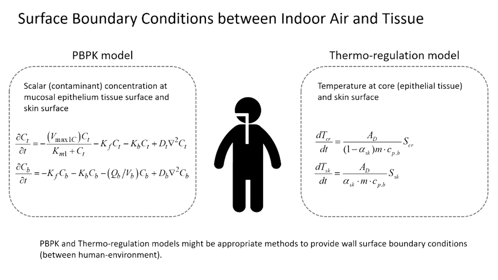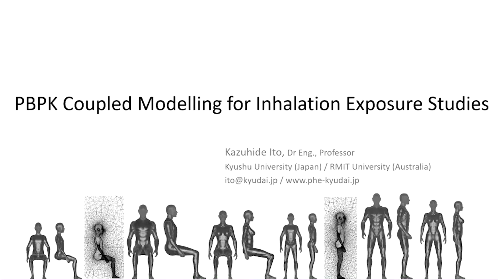For example, the objective of the PBPK model is to analyze some health impact, and some thermoregulation models are for analyzing thermal sensation or thermal comfort, something like that. But both models can provide detailed information about the equilibrium surface temperature or equilibrium concentration.